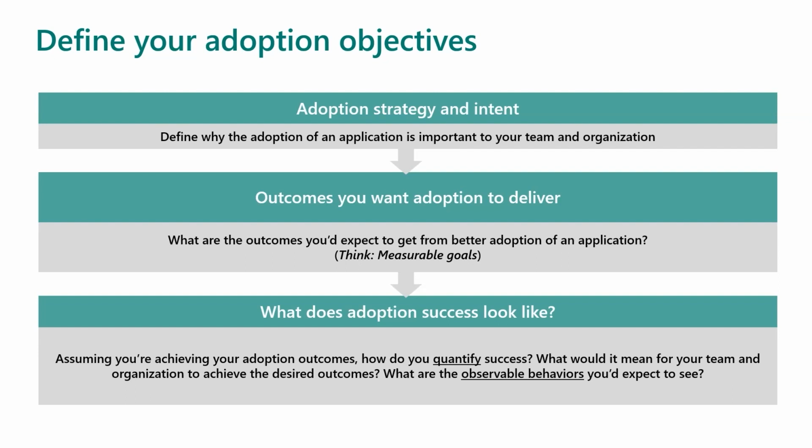So we want them to be very quantifiable metrics that we can measure in the lives of our application users. And no matter what these reasons are, it's important that your adoption team works to define them, document them, and communicate them to increase the understanding of what's in it for me.